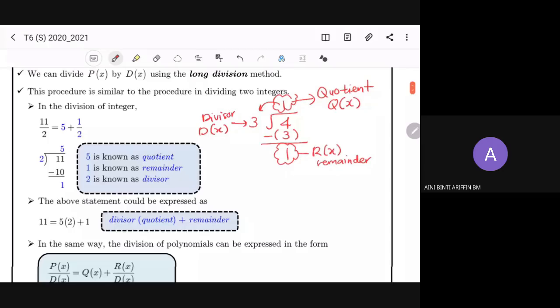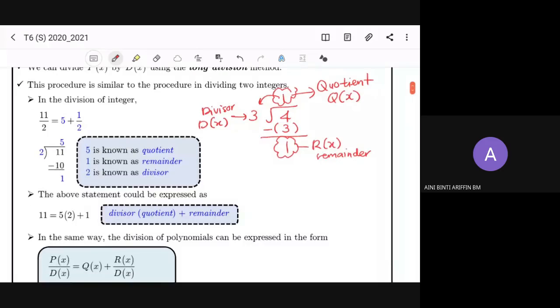This statement that I made in red: 4/3 equals 1 plus 1/3. Okay, 1 is the quotient, 1 here is the remainder, and 3 here is the divisor.